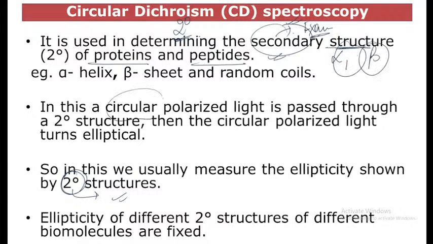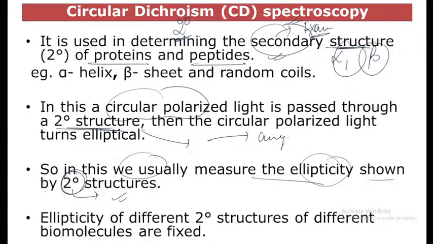Now in this, what happens? We use circularly polarized light that is passed through the secondary structure of the protein, and then finally the result is analyzed. So in this we usually measure the ellipticity shown by the secondary structure of the proteins. Now the ellipticity of the different structures of different biomolecules is fixed.